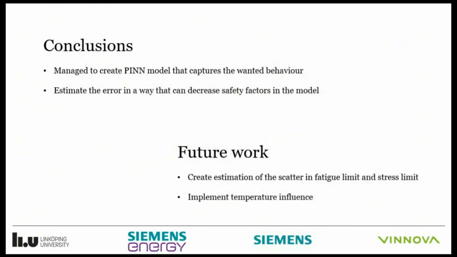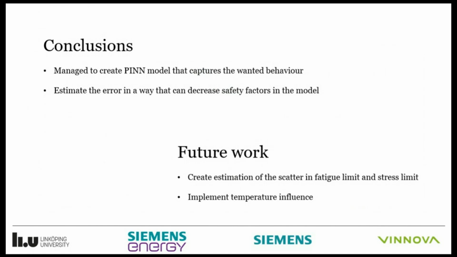For the conclusion of this work, we managed to create a physics-informed neural network for the modeling that captures our wanted behavior. And we have estimated the error in a way that can decrease our safety factors without increasing the risk.